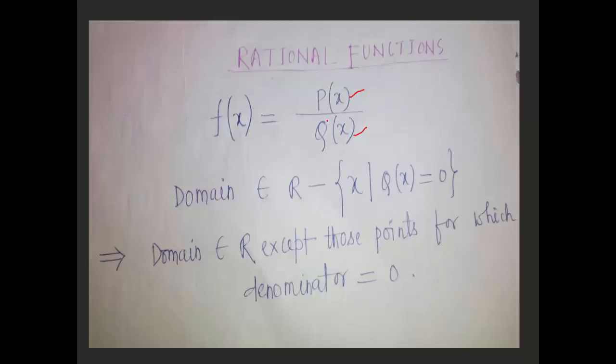If you divide the first polynomial function by another polynomial function, then you will get the rational function. The domain of a rational function is all real numbers excluding all values of x such that q(x) equal to 0. That is, the domain is the set of all real numbers except those points for which the denominator q(x) equal to 0. Understood?